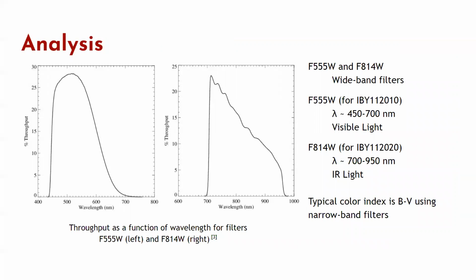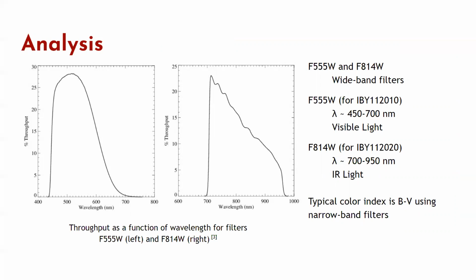Moving on to the analysis section of this presentation, we examined the throughputs of the filters used to obtain the data sets we studied. In both of these plots, the percentage throughput of the filter is on the y-axis and the wavelength is on the x-axis.